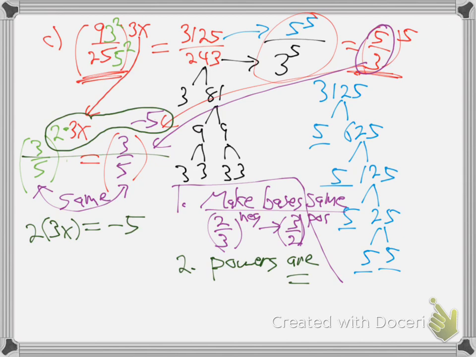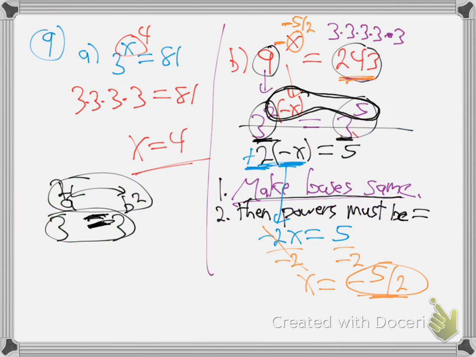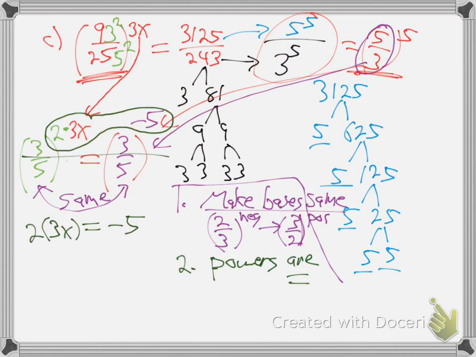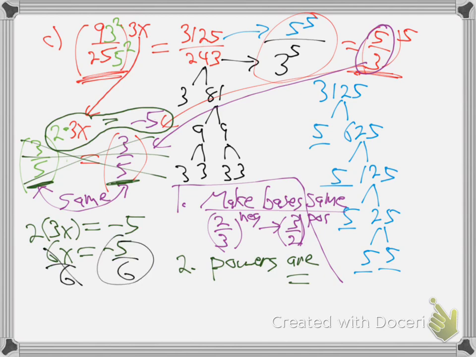Remember, like we reasoned on the last part right here, once we made these bases the same, you can just set the powers equal. Same thing here. Once we make these two bases exactly the same, just forget about them and grab the powers. The powers have to be equal. So that means 6x is negative 5. Last step to solve for x. Divide by 6. There's our answer.